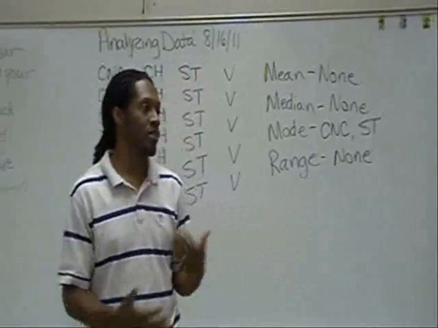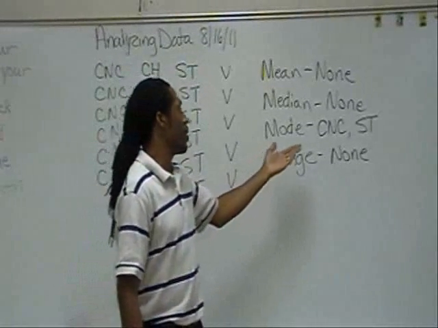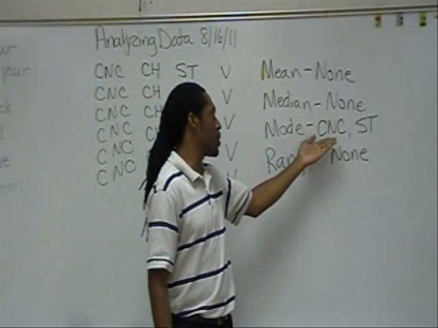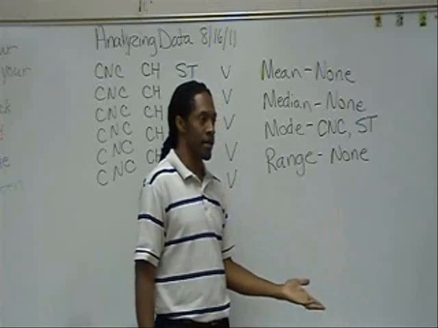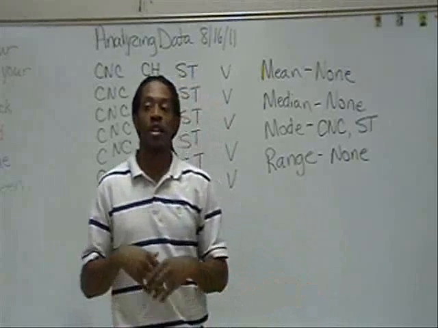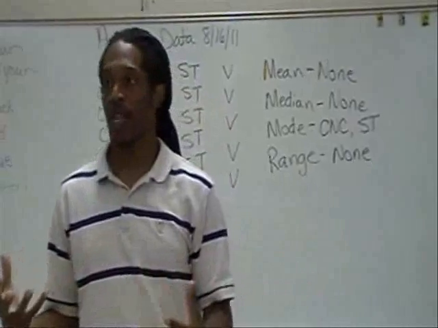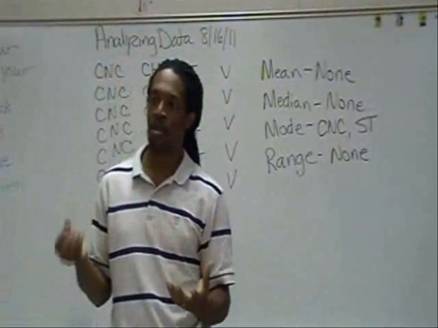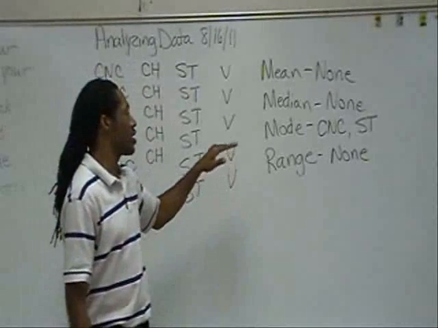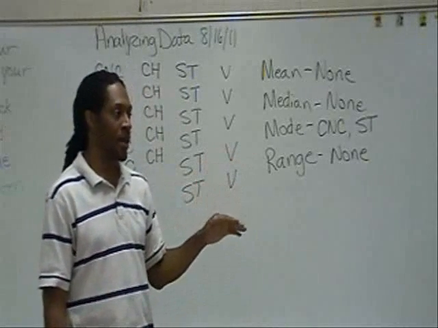We can only say the mode. We can only say that most people either chose cookies and cream or strawberry. Okay? We can also say that it's the most popular. The most popular flavor is cookies and cream or strawberry.